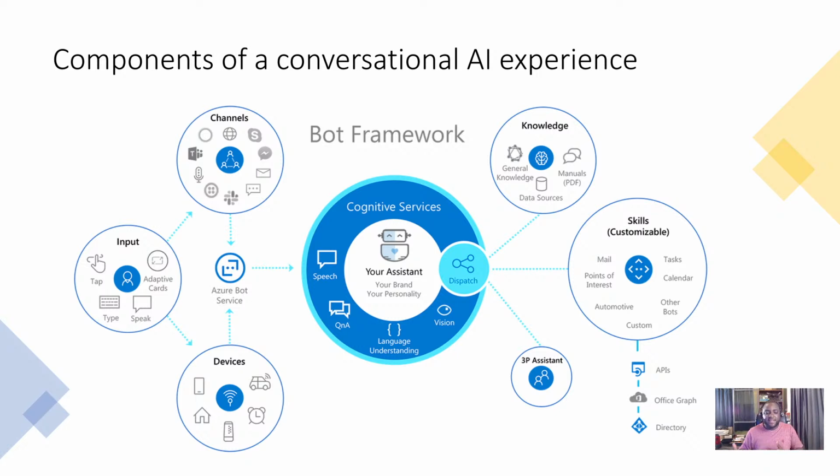Devices like your car, smart things, watches, and phones can also connect through the Azure Bot Service. It can also take information using cognitive services derived from speech, Q&A, language understanding, and vision, and then use things like knowledge networks and connect to external systems. And as you can see down here, we have APIs. That's what we will be taking a look at.